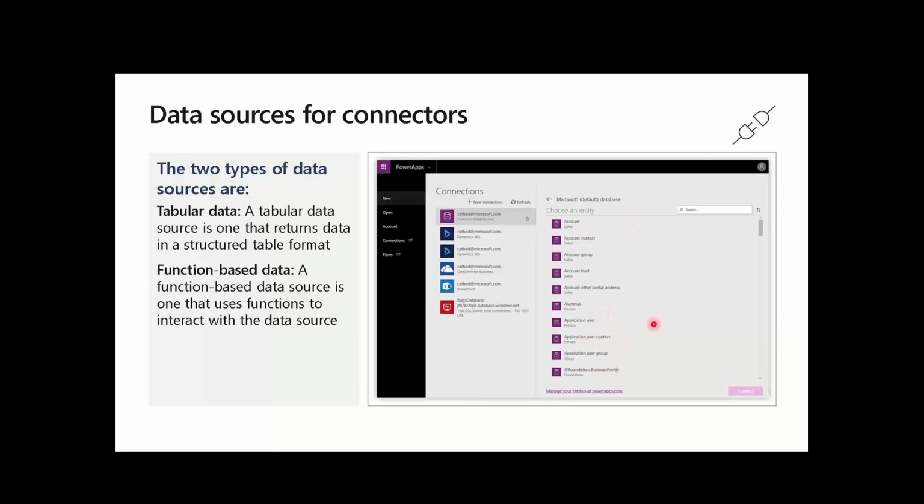These are tables that are part of the Dataverse. Okay, so you can utilize these tables in your data connector, or you can use function-based data. Function-based data is where you utilize some out-of-the-box function abilities that Microsoft has provided.